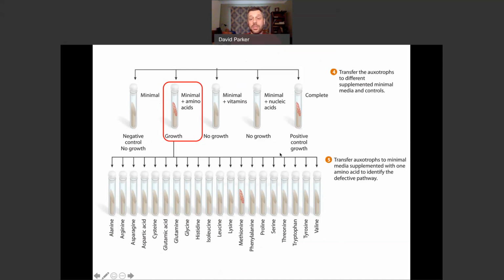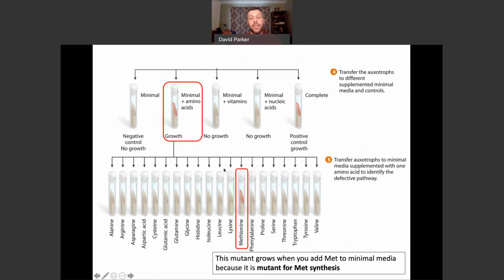And as you can see from this experiment down here, this particular mutant requires methionine for growth. Because if you add methionine, which is just one of the amino acids, it grows. Which suggests that this thing dies on minimal media because it can't make its own methionine. So what we've done is we have created a mutant that can't make methionine.